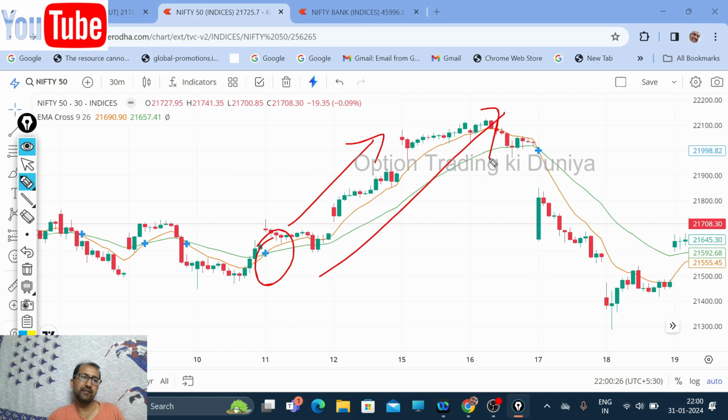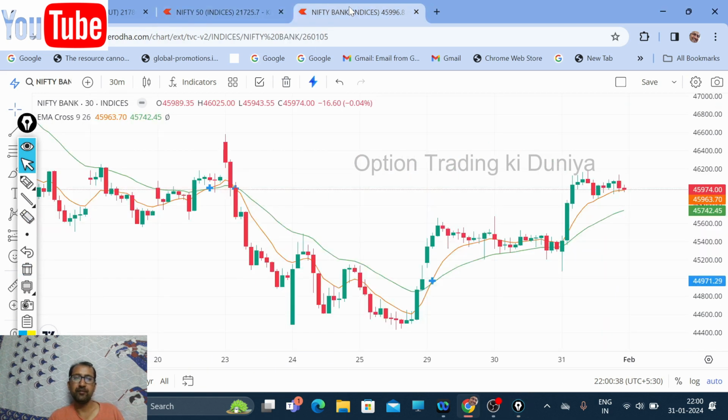And let me show you the same strategy even for Nifty Bank. So let me put the Nifty Bank on the screen. Yeah, so I am putting the Nifty Bank. You can see the crossovers.